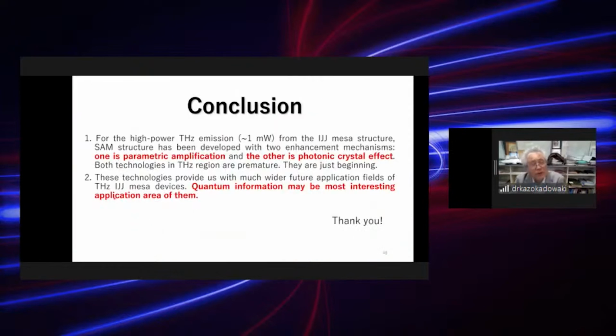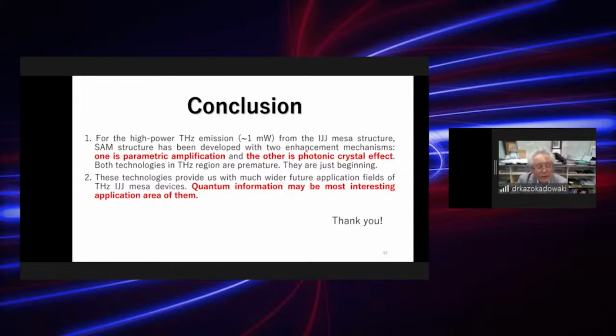So I would like to conclude my talk. For high power terahertz emission, we are now aiming at 1 milliwatt at least, or maybe higher than that, from the mesa structure. Hopefully working at nitrogen temperature using high temperature superconductors.